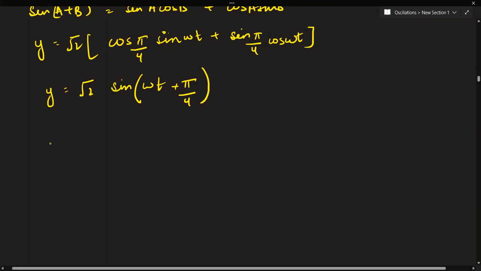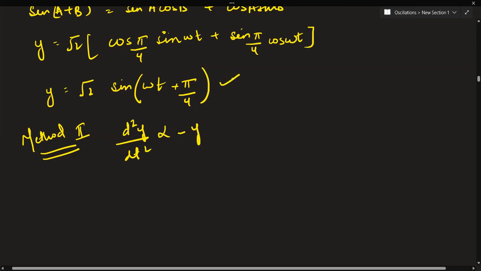Like I told you, that was method 1; now for method 2, our aim should be just to check if this is directly proportional to minus of y. Then I will say this represents SHM. Till here it is already proved.